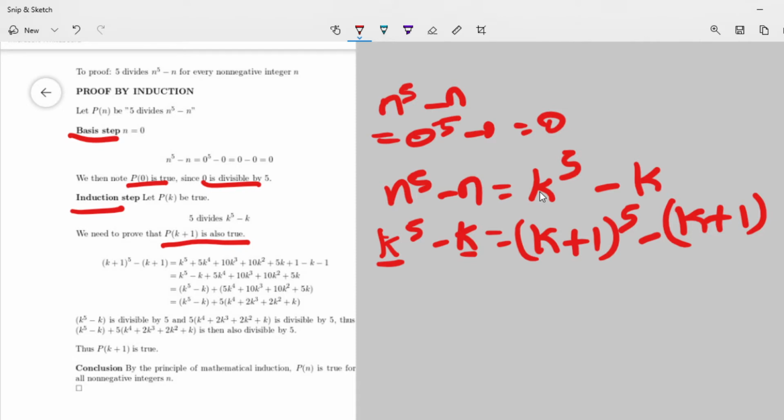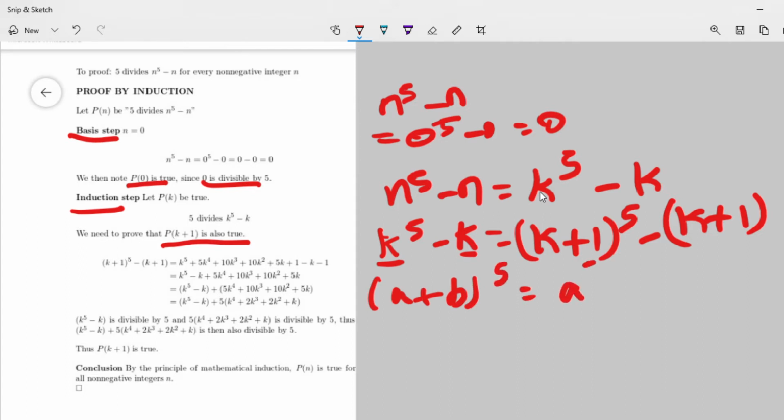Then we are going to substitute the algebraic expansion of (a+b) the whole power 5. So what is the formula for (a+b)^5?